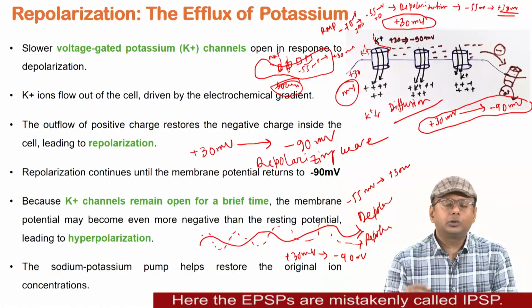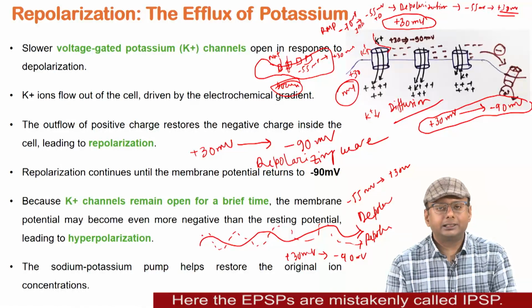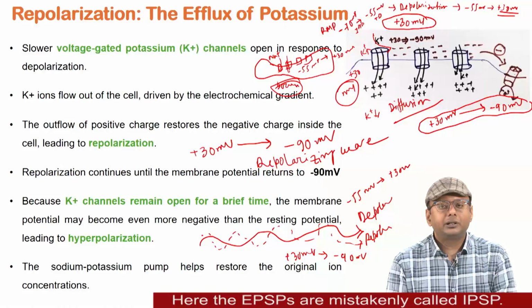And basically both this depolarization and repolarization happen simultaneously. There is not a significant time lag, and using this depolarization and repolarization wave, neurons send these transmission signals towards the terminal area, from one presynaptic neuron to the postsynaptic neuron.